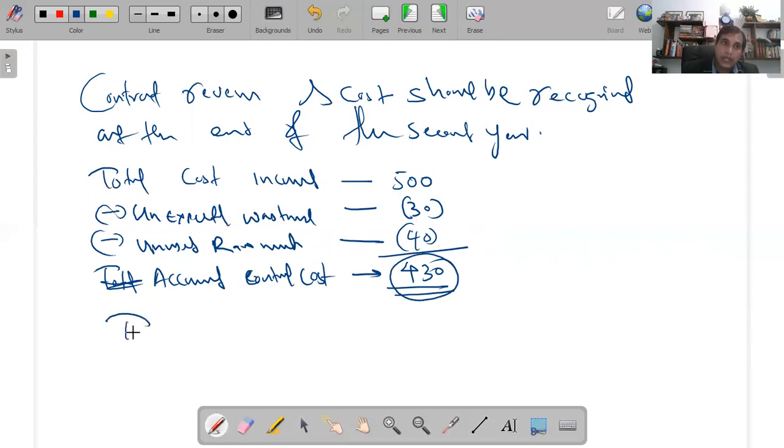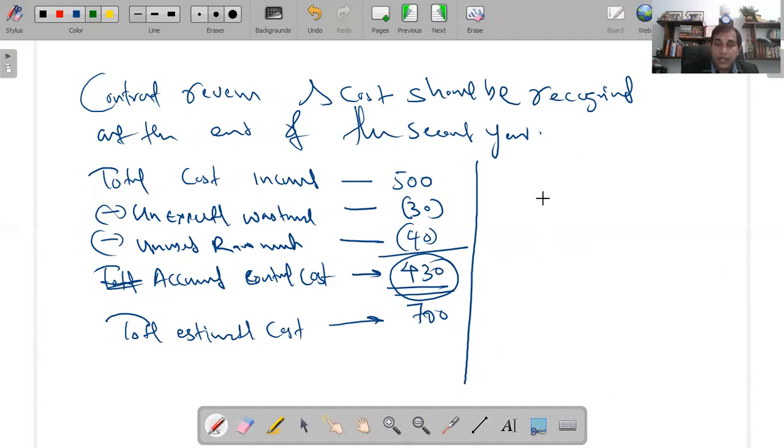Then the total estimated cost is 700, right? In this second year, what would be the accumulated revenue to be recognized? Cumulative revenue equals 800, that is the total revenue, but you need to take the proportionate value.